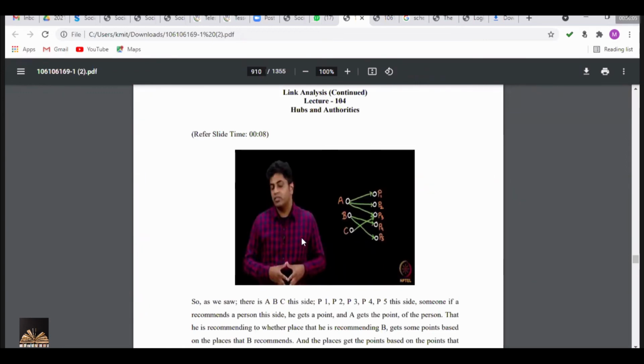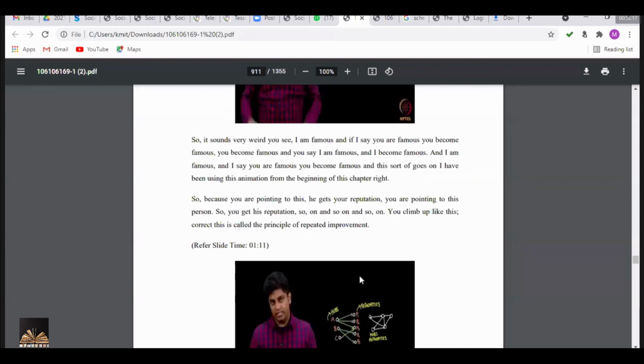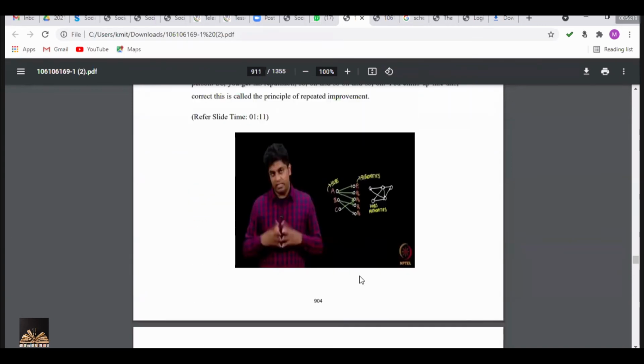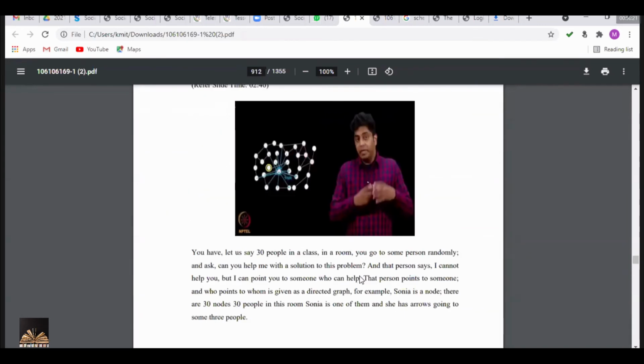That means you are being referred by the good people and you are referring to the good people. Based on that, the page rank will be defined.